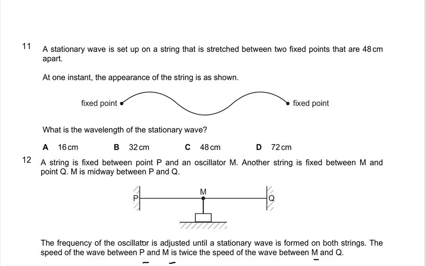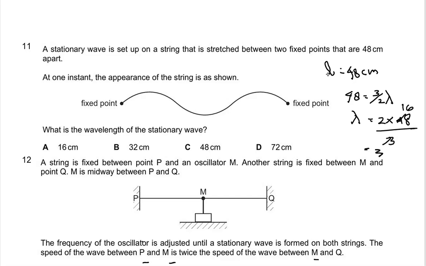So in this 48 centimeters, it contains 1.5 wavelengths, the same as 3/2 wavelength. So the wavelength equals 2 times 48 divided by 3. So the answer is 32.